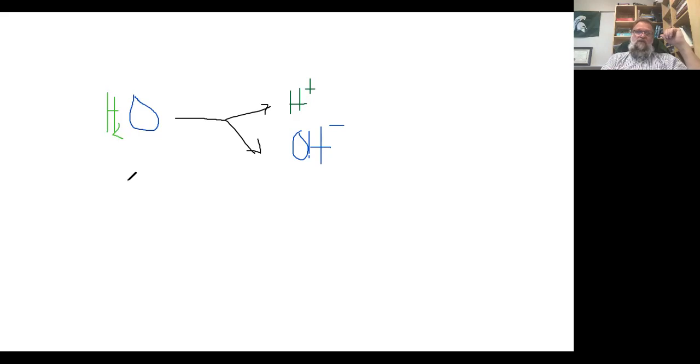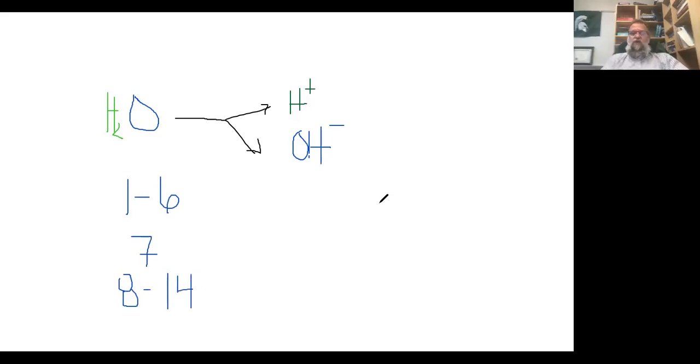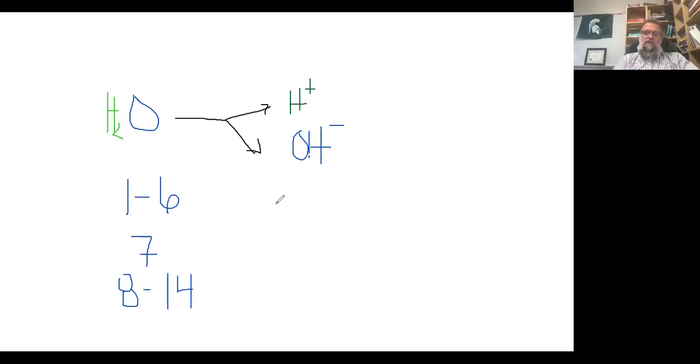So you may recall the pH scale: basically 1 through 6 is an acid, 7 is neutral, and 8 through 14 is considered alkaline or base. The way this works is it's based on the exponent. So something with pH 7 has 10 to the negative 7th hydrogen ions.